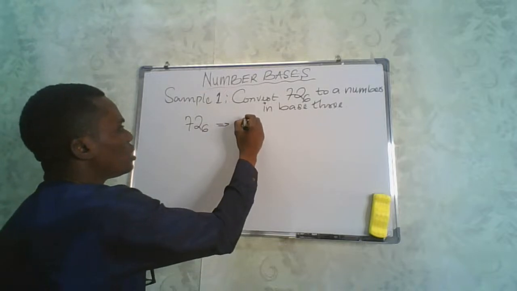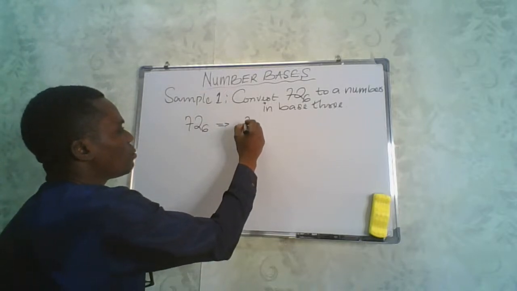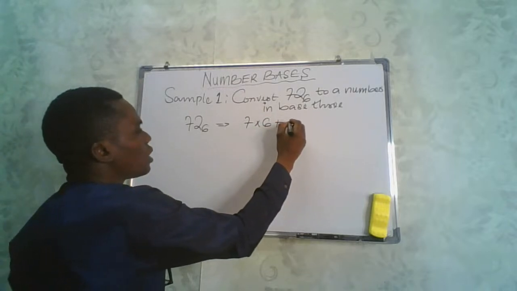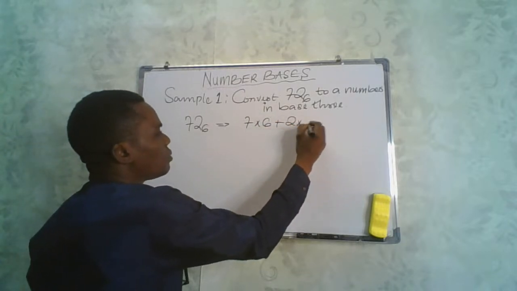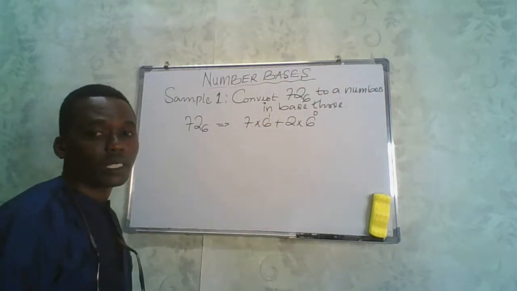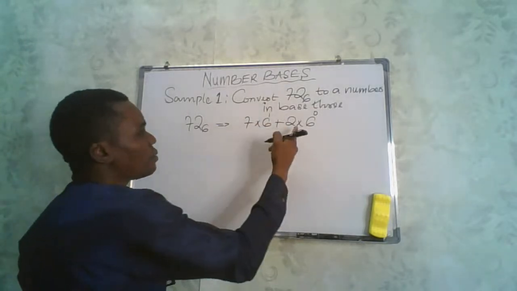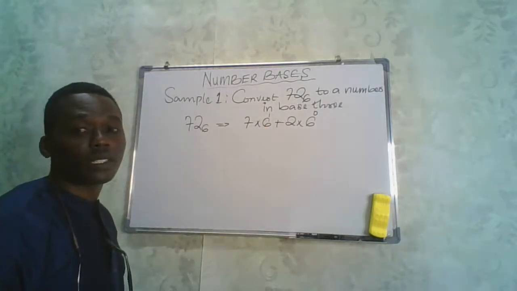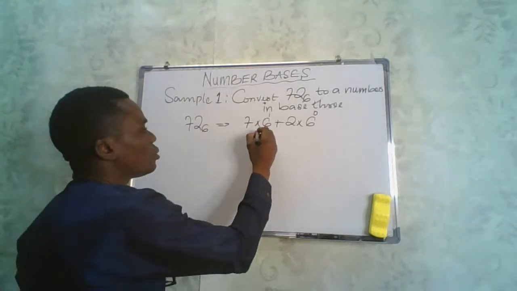So to do this using the power expansion method, I'll simply have this as 7 times 6 to the power of 1 plus 2 times 6 to the power of 0. 7 times 6 is going to give us 42, right?